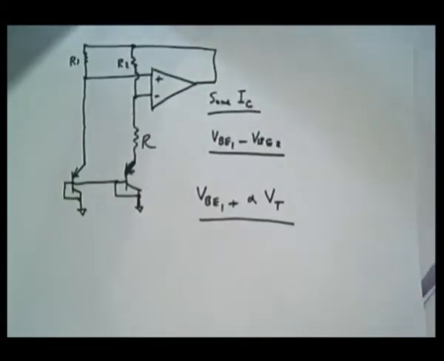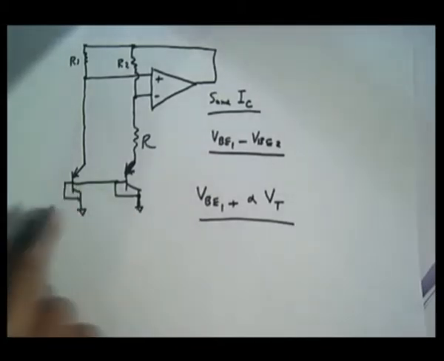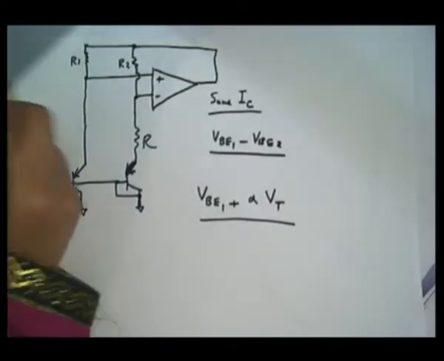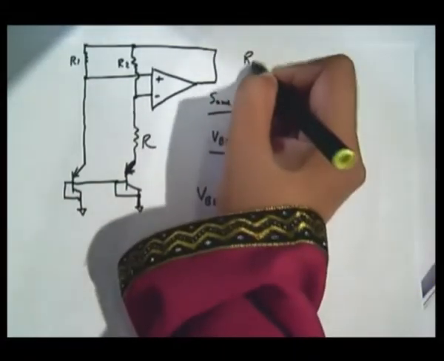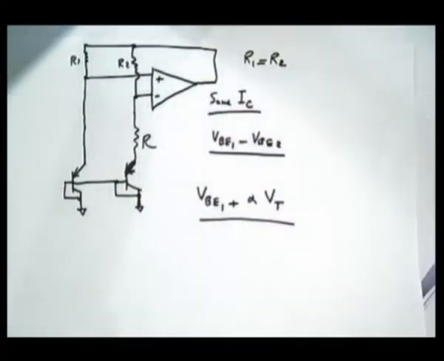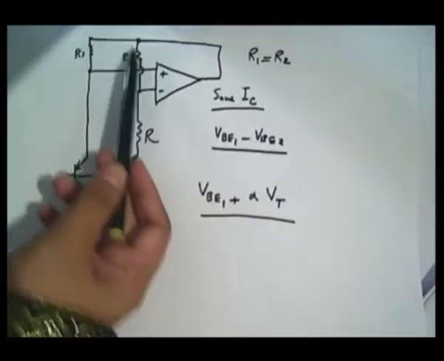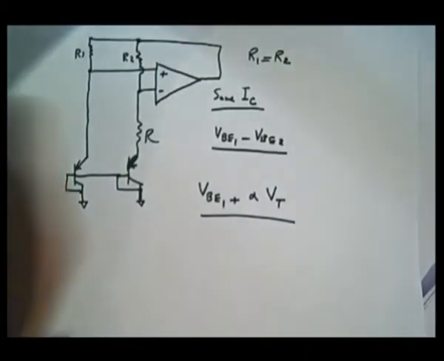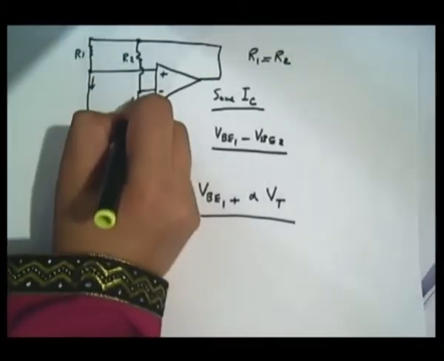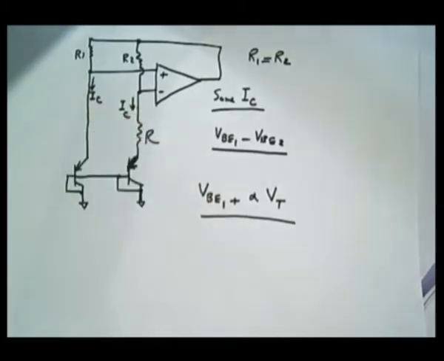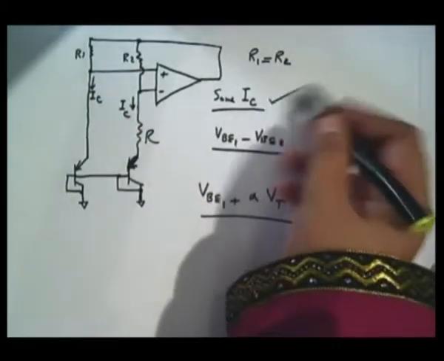How to generate the same IC flowing into two bipolar transistors? This is easily done by making R1 equal to R2. If R1 and R2 are equal, because they have the same voltage drop, these two currents will be the same. So this will be IC, this also will be IC. So this is done.